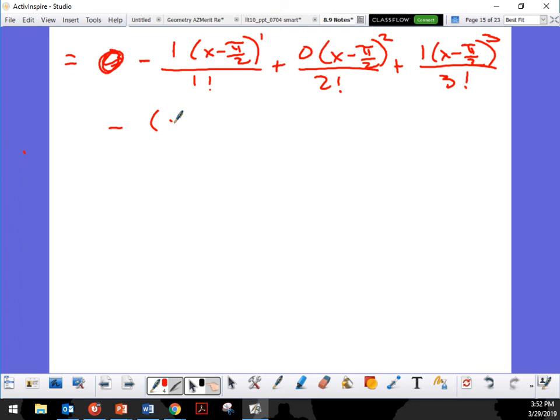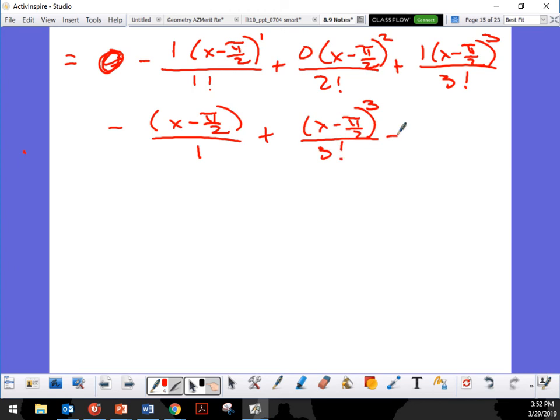All right, so I'm going to get negative x minus pi over 2 over 1, right? Okay, this is going to be 0, 0, plus, this is going to be x minus pi over 2 to the 3rd over 3 factorial.